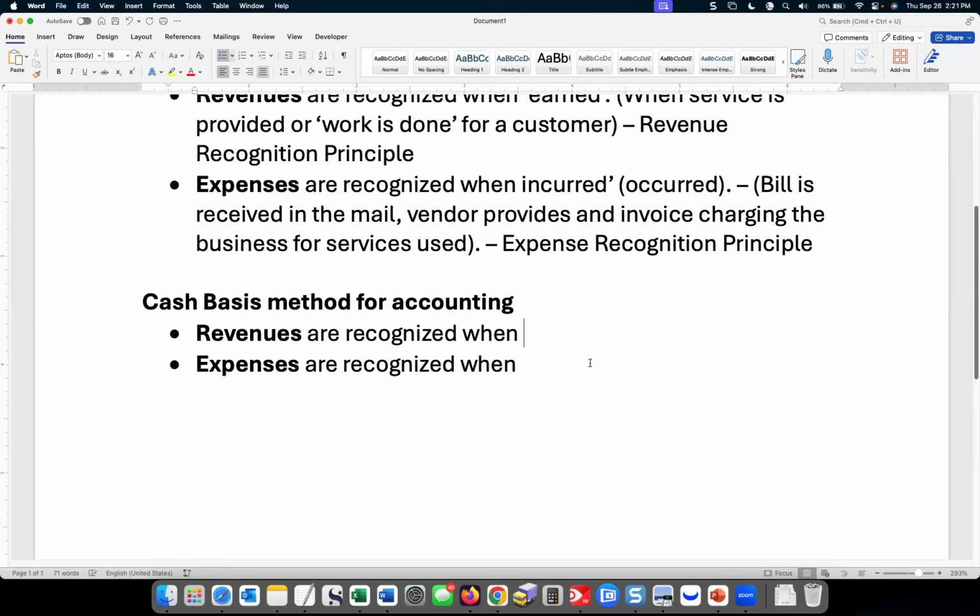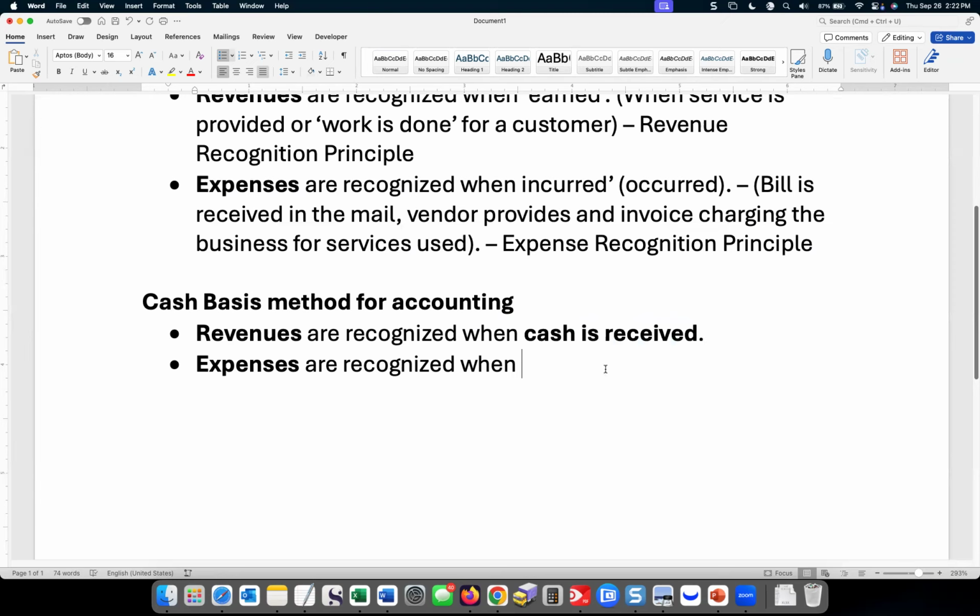So when we follow the cash basis method, revenues are recognized when cash is received. The problem with that is we may have performed a service, and I'm actually going to put this in the notes so you have it. We may have actually performed a service, but we don't book it, even though we did it, because we didn't get the cash yet.